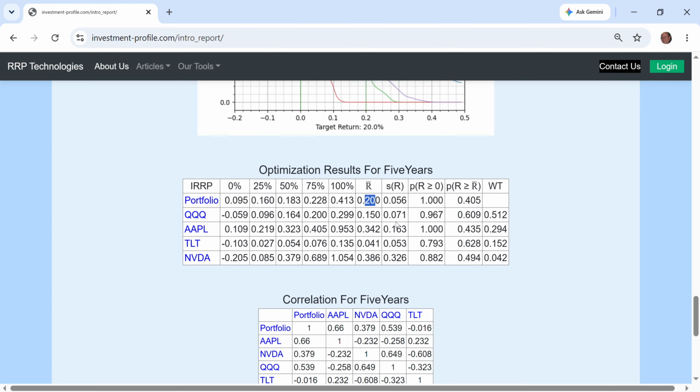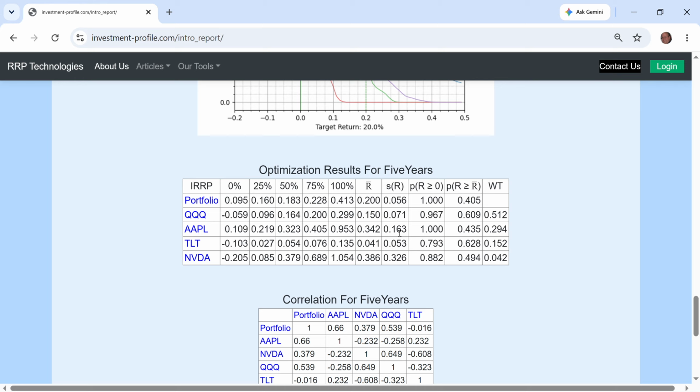However, some higher volatility stocks are selected to achieve this 20%. QQQ has a standard deviation of 0.7 here.